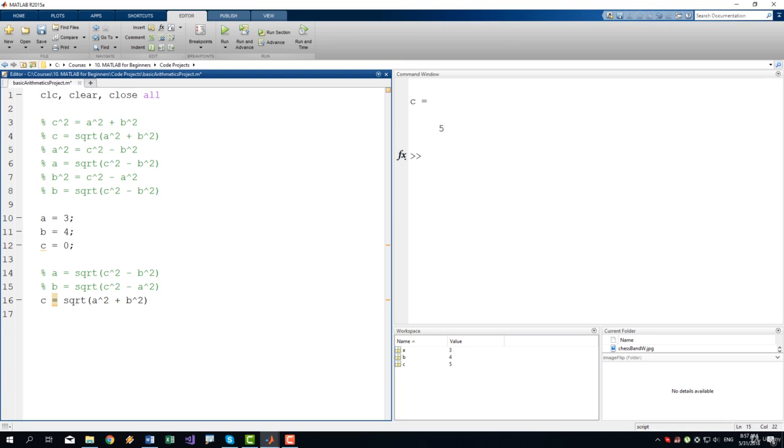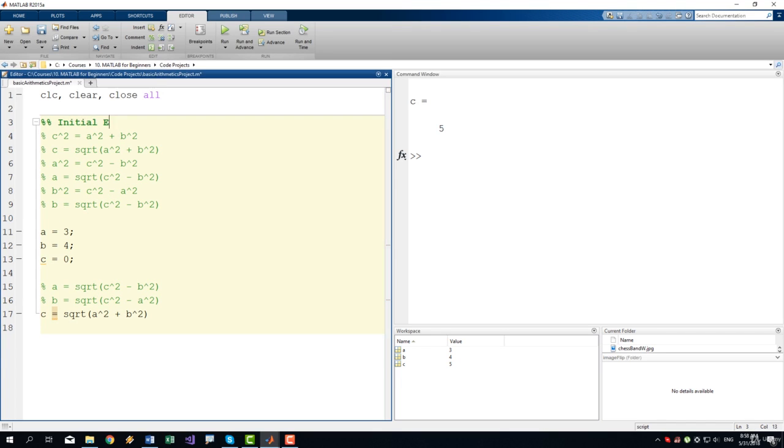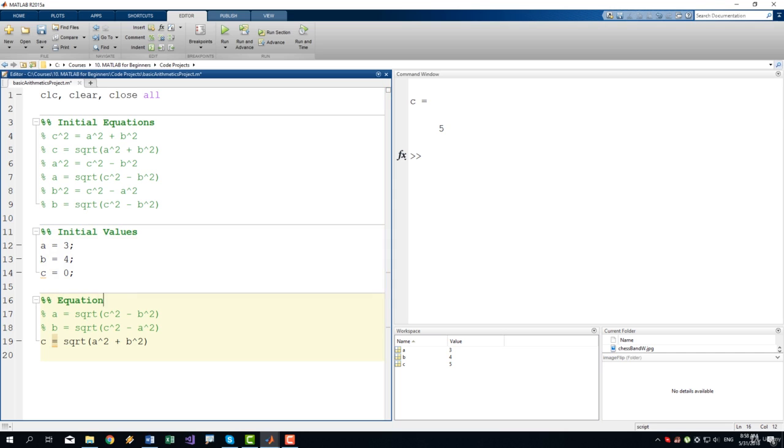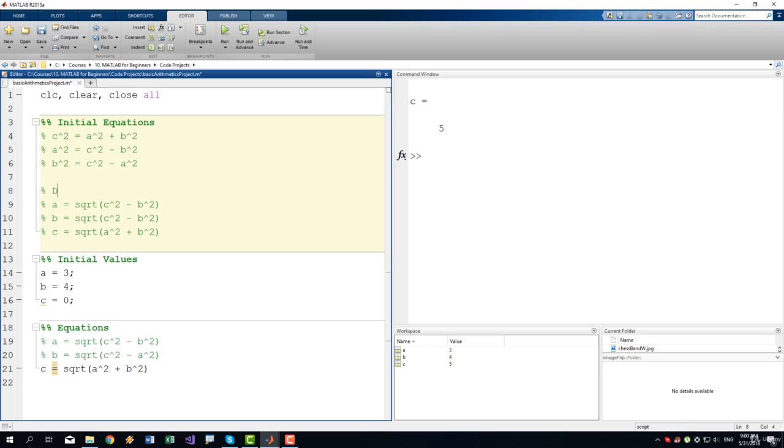And let's finally document our code really quickly and move on with the next topics. So here we have initial equations. Here we have initial values, and here we have equations. So these are the derived equations. Let's order them a bit. So these are derived equations.